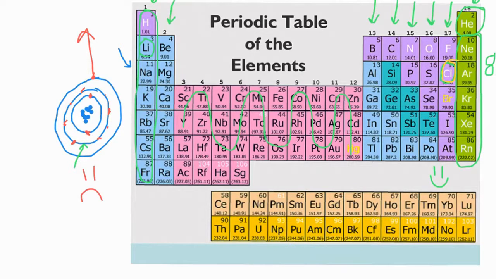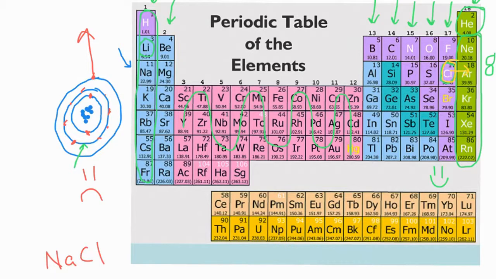It would love to steal 1 electron because then it would get 8 and it would have a full outer shell. Sodium would also be happy because if it gets rid of that outer shell electron, it would also have a full outer shell of 8 electrons. So that's why we get things like NaCl, which is salt.